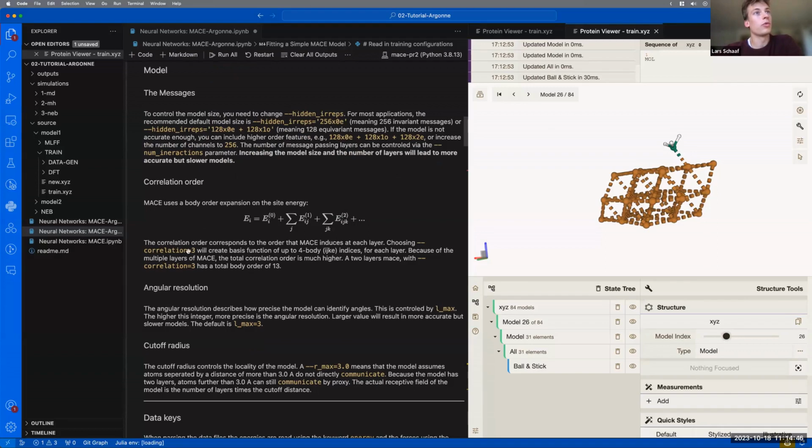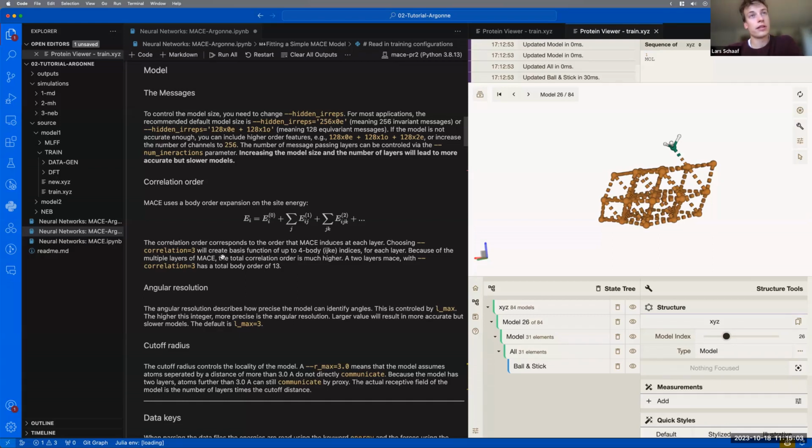Typically, MACE models are fit with correlation order 3, so that's a 4-body potential, which is another parameter. So correlation order is how high the body order of your potential is.